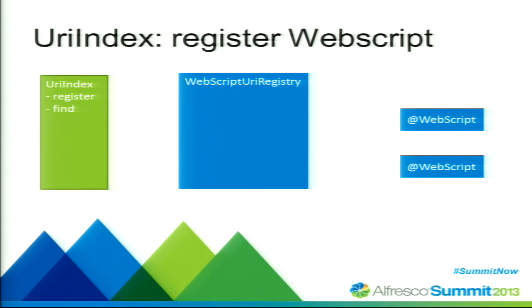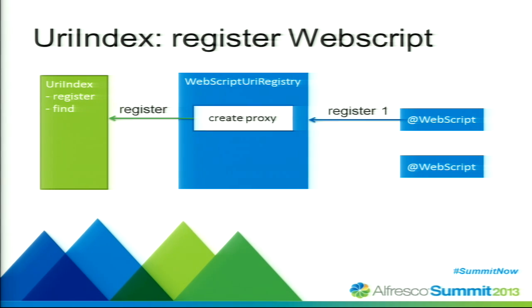And when we install our web script for the first time, what will happen is the web script itself will not get registered with Alfresco, but a proxy will get registered. This proxy, in turn, contains a link to the actual implementation. Why is this done? Well, in case our extension is uninstalled, we can simply cut the link between the proxy and the actual implementation.